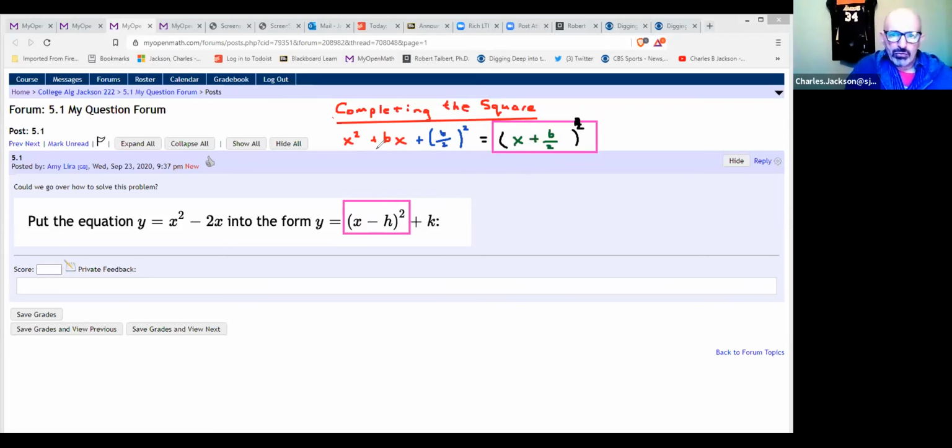And so we have an x squared plus bx, right?